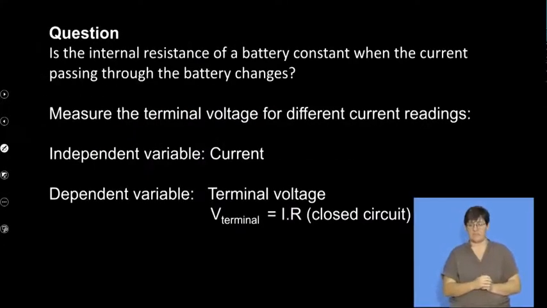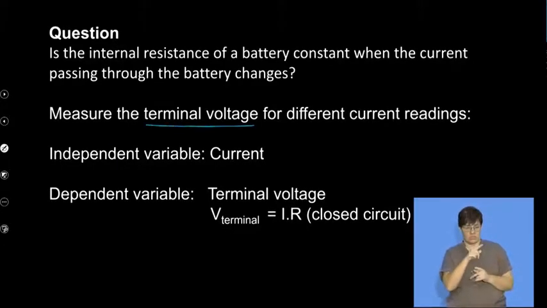Now we are going to measure the terminal voltage, which is across the battery, very important, for the different current readings. We're going to connect a voltmeter across the ends of the source, and for different amounts of current passing through the battery, we measure.